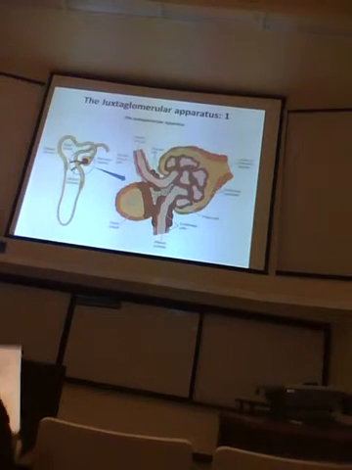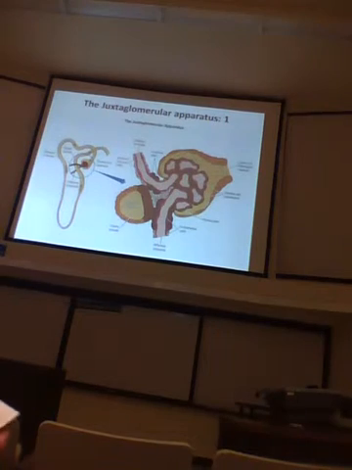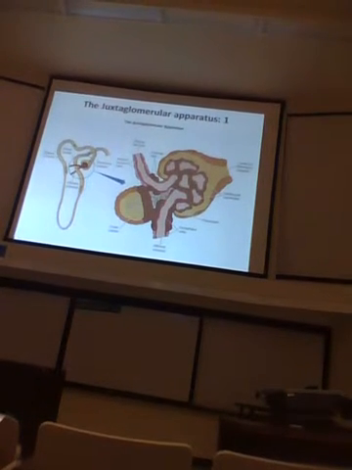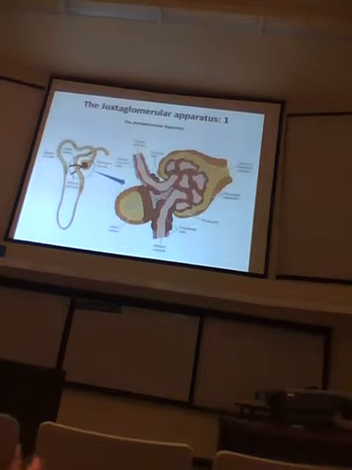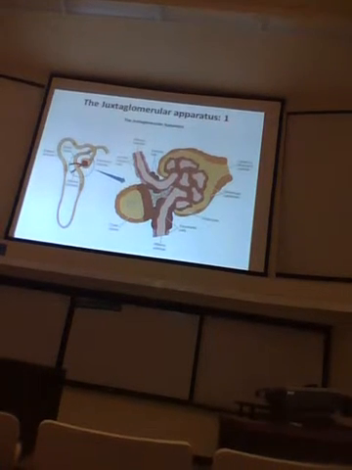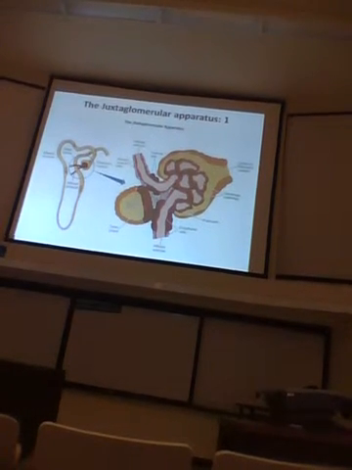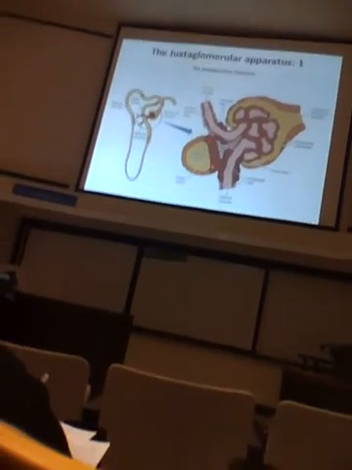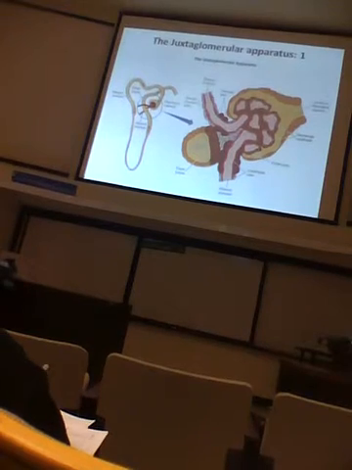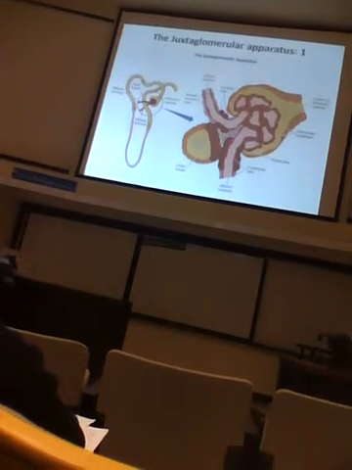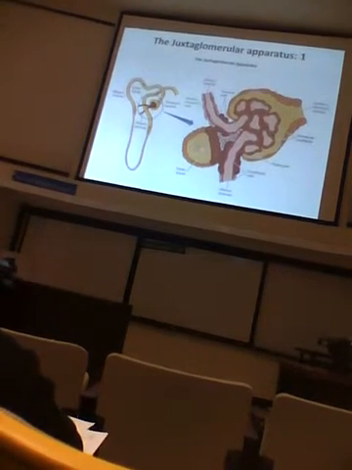Macula means a spot. Densa means dense. So it's a dense spot. So when you look at these cells in the microscope, they look different. They look darker. And so there is a special group of cells here called the macula densa, and these cells are sensitive either to flow rate or to sodium chloride concentration.